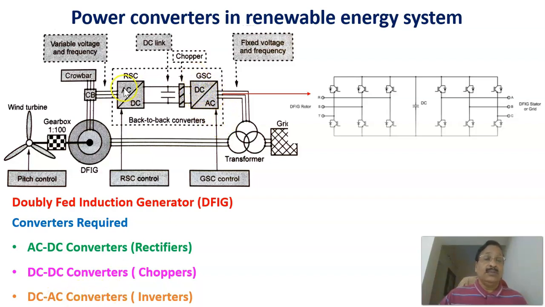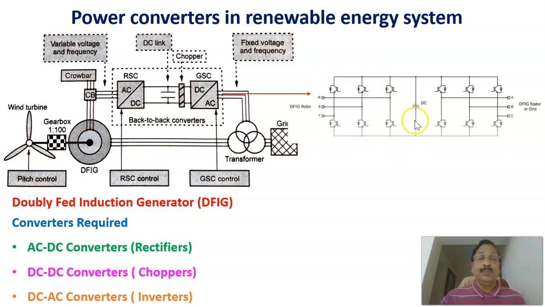That's called the inverter. So the rectifier, the inverter, and the chopper are basically the units shown here. This part is the controlled rectifier, to which the rotor windings are connected. The rotor winding voltage is as shown here.